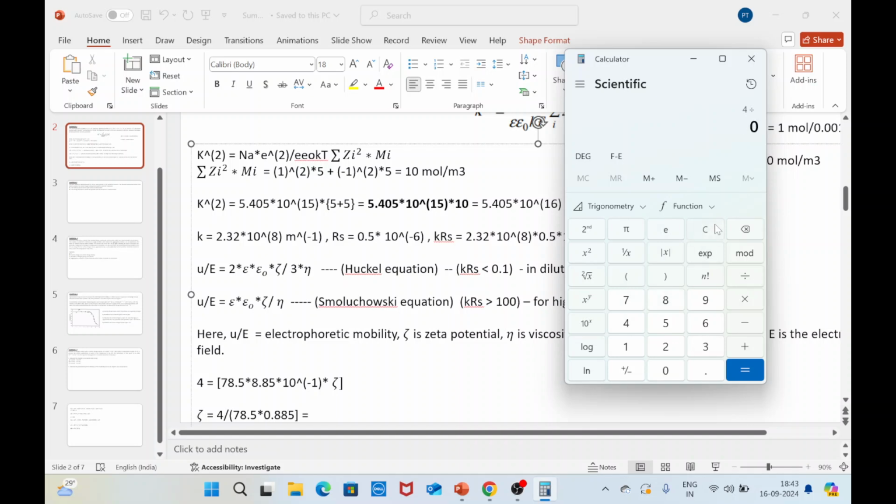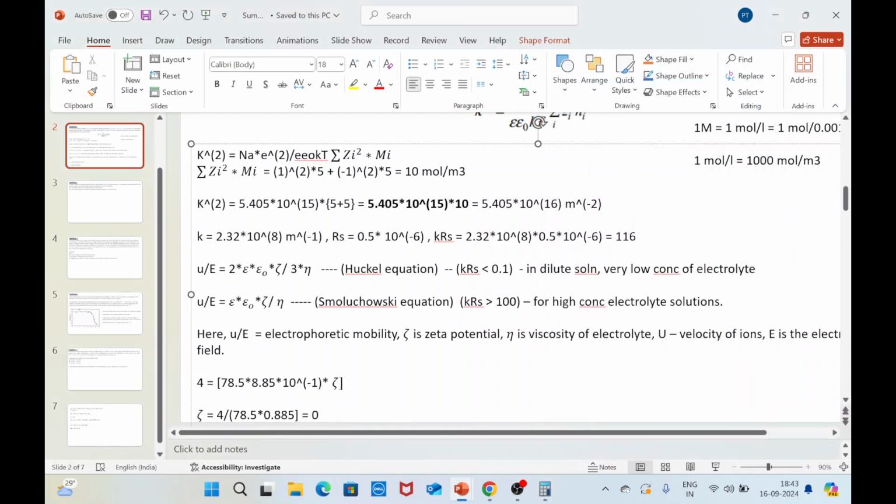Let me just calculate the denominator first. 78.5 times 0.885 is 69.4725. So 4 divided by 69.4725 is 0.057 volt, or you can also express this as 57 millivolt. So this is the value of zeta potential.